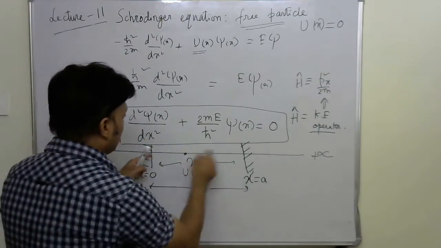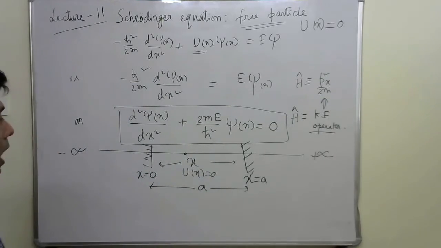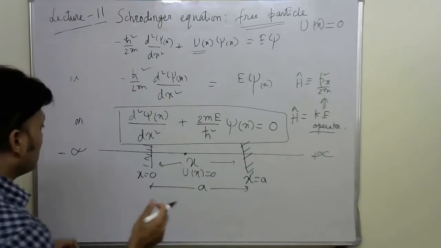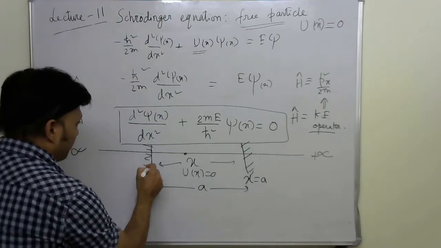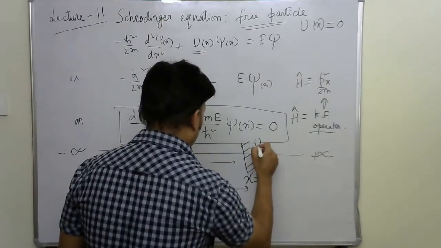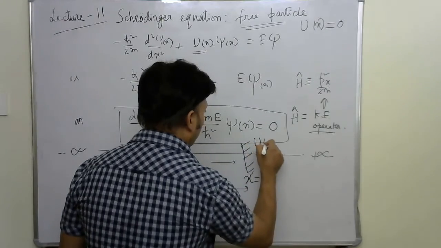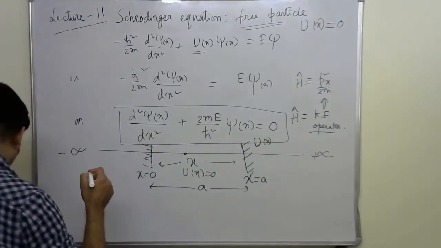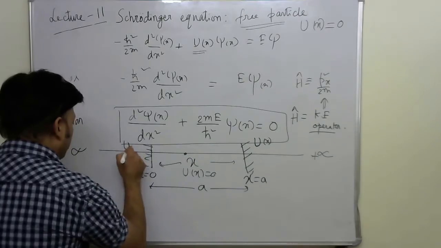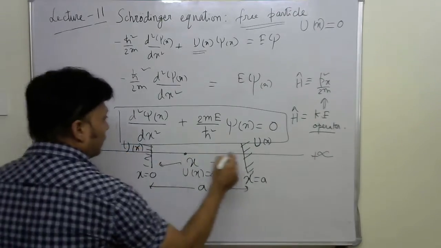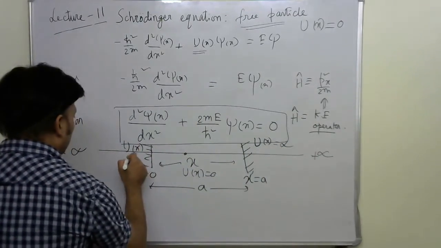Area means this line, because the particle is moving in only one dimension. But the moment the particle comes to this wall, its potential energy becomes very high, actually infinity, at the wall.